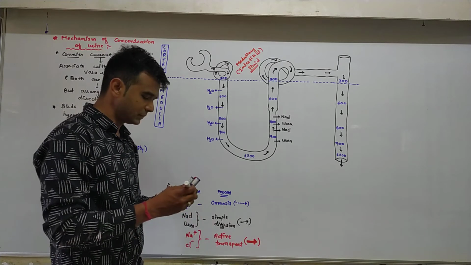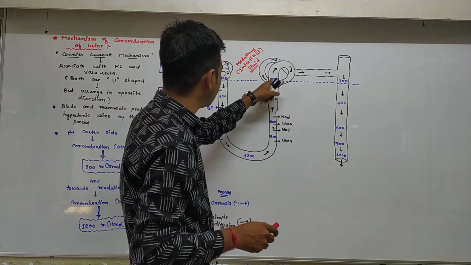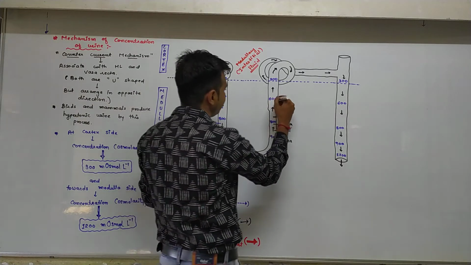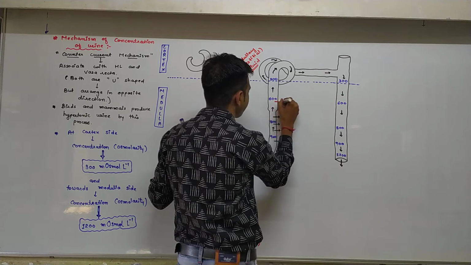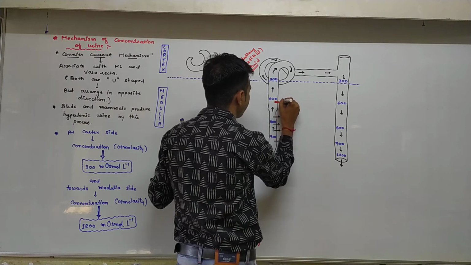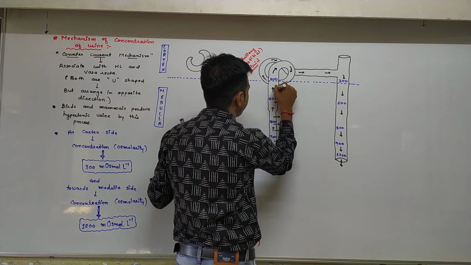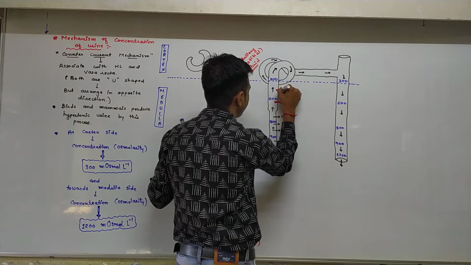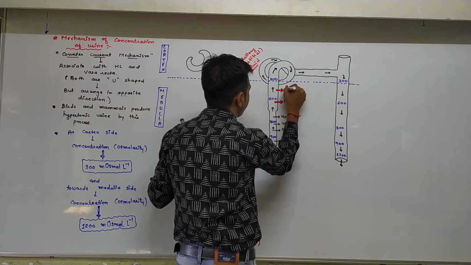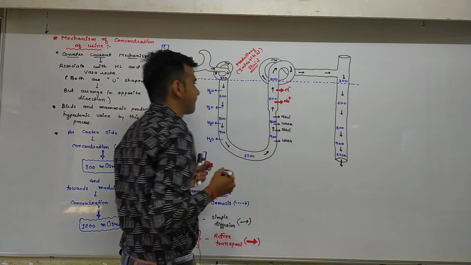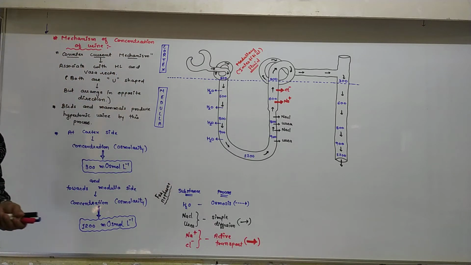Fine. And from the broad part of the ascending limb, Na+ and Cl- come out through active transport.